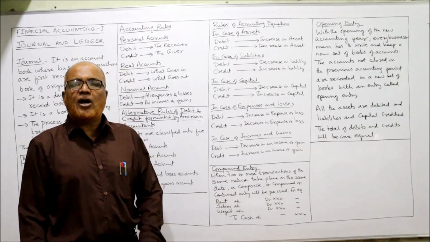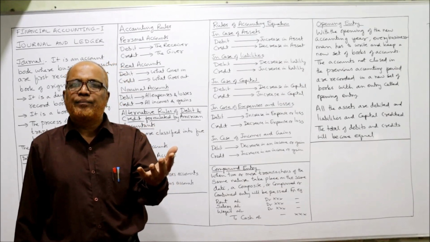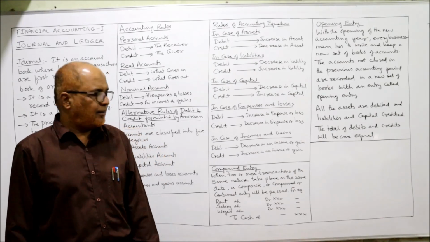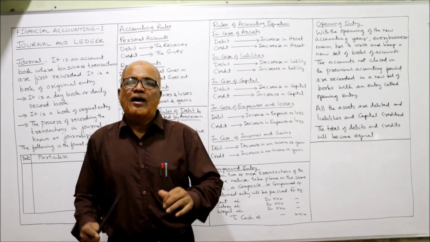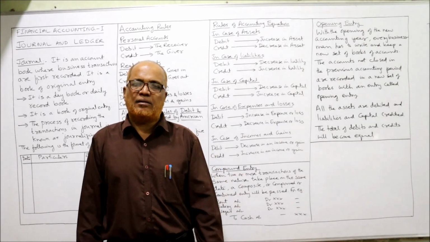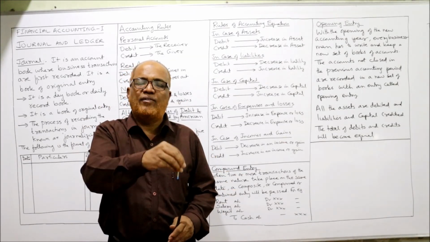It is called a composite entry, or a combined entry. What do you mean by this composite or compound entry? For example, on a particular day, rent is paid, salary is paid, wages are paid.